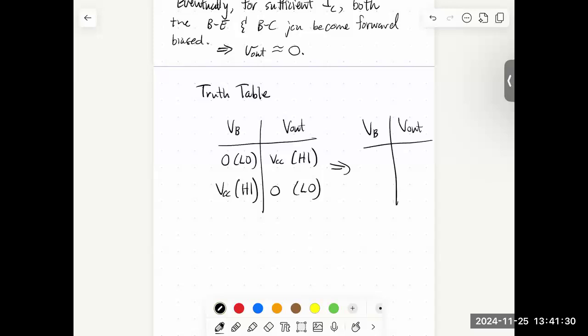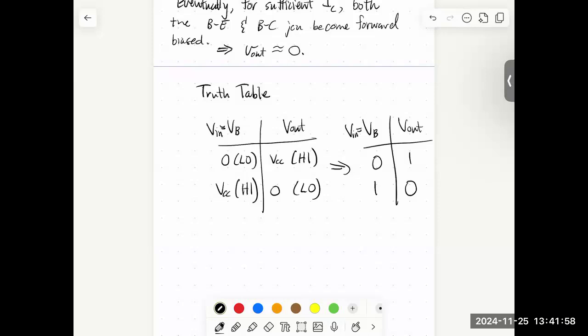I could redraw this truth table in a more abstract way, where we say the input, this is V in, right? V base is equal to V in. 0, 1, 1, 0. And what does that truth table look like? It's an inverter. So not only have we used the transistor as a switch, so when I have a low input, my output is some VCC, and I have no current.